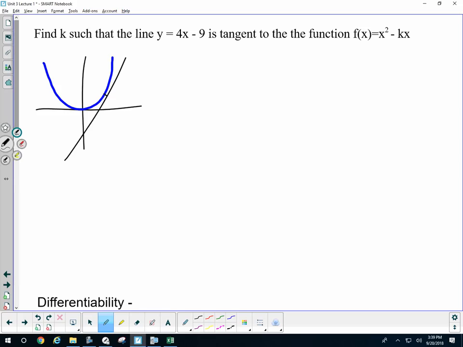Very good. One of the points must be shared. That means for some x, the y's are the same.